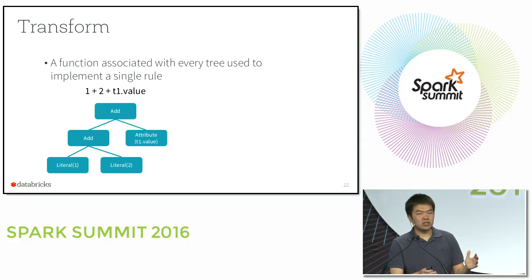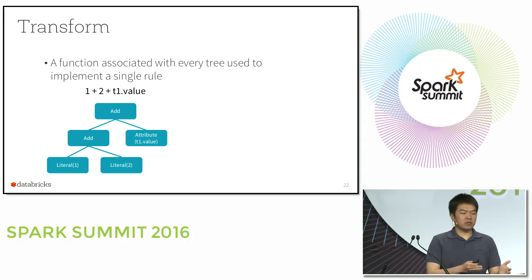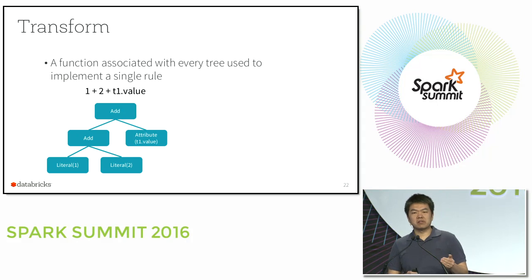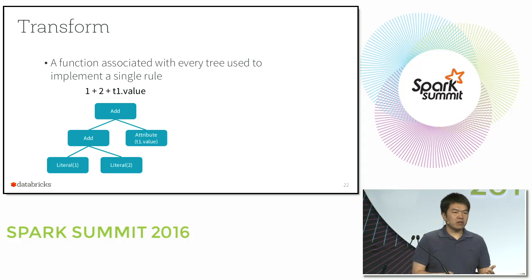So let's say we have an expression tree like this. We have 1 plus 2 plus t1.value, and you can see the expression tree at the bottom of this slide. You probably notice that we have 1 plus 2, an expression having two constant values as operands. You probably don't want to evaluate this expression over and over again for every input row, right?